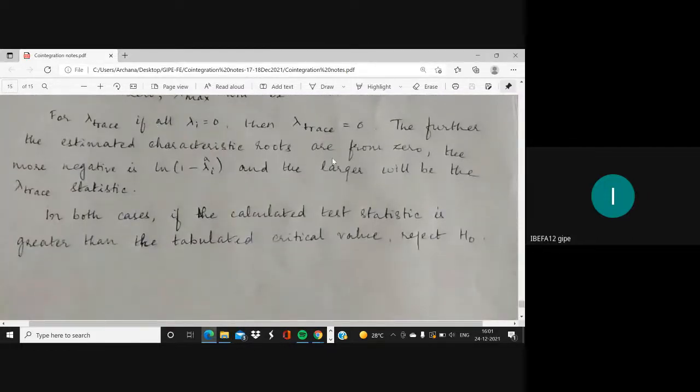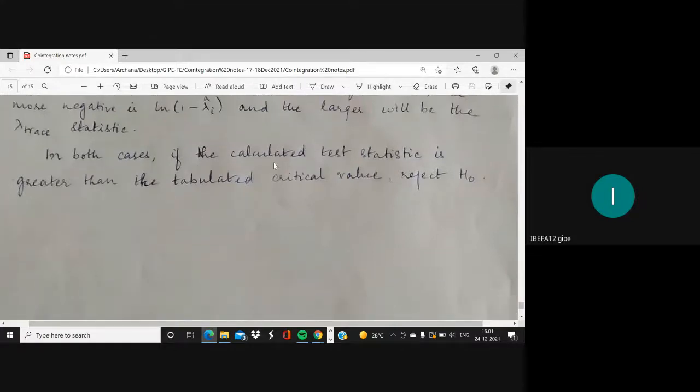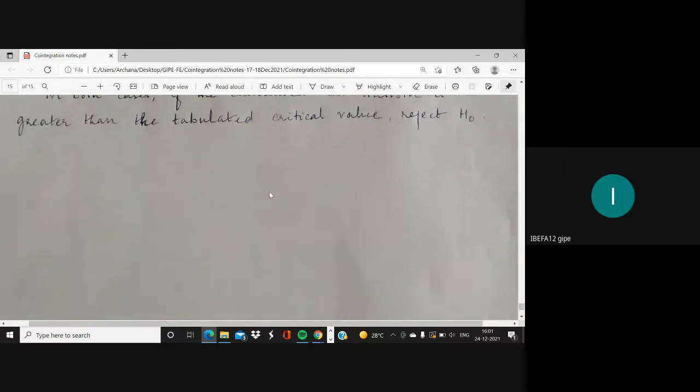So the more negative is ln 1 minus lambda i hat, the larger will be the lambda trace statistic. In both cases, if the calculated test statistic is greater than the tabulated critical value, reject H naught.